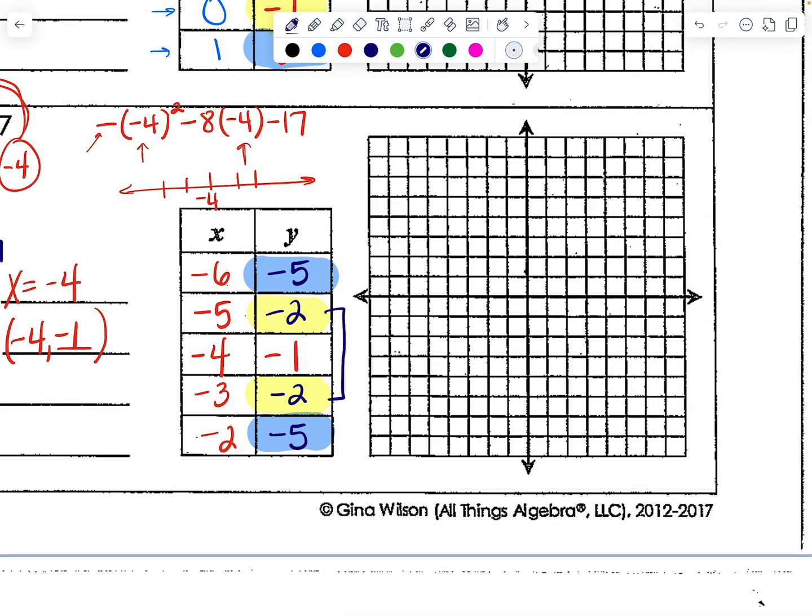So now I'm going to go over here and graph that: -4, -1; -5, -2; -6, -5. And here we go. Again, I'm trying to make a curve as much as I possibly can. And there we go.